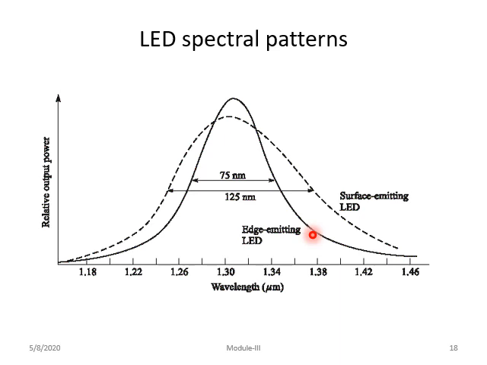So this is one type of material that can be used to make the LED, the source material. Along with this, it is also an important factor in how the spectral pattern can be defined for the two types of LED, surface and edge emitting LED.